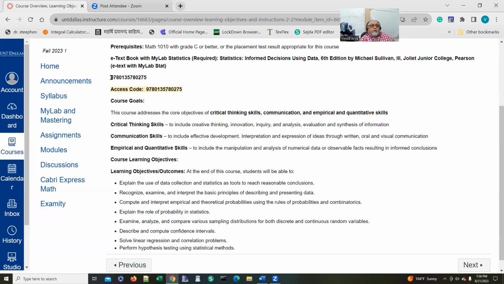Probably that will not give you access to MyMathLab, because there is a separate access code for MyLab. Did you buy it used or something? No, it is new. Okay. It's an ebook.